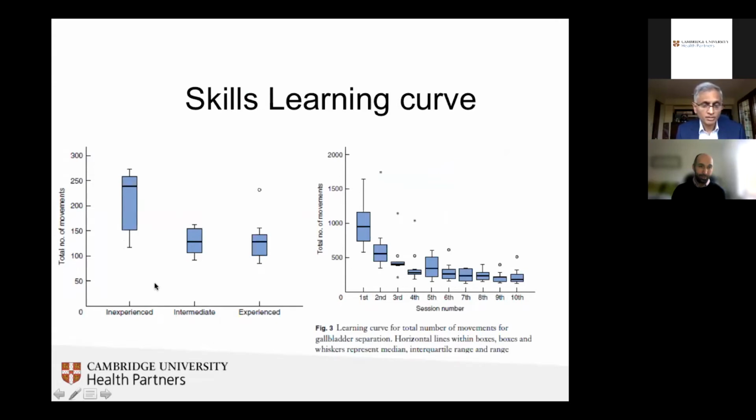And this diagram shows that in a surgical trainee who's learning how to separate a gallbladder from surrounding structures, you can look at the number of movements that they make. An inexperienced operator will make almost double the number of movements of an experienced operator. But after periods of training, the number of movements drops rapidly to the level that you might expect an experienced operator to have. So we know that practice and skill development can be done within simulation.